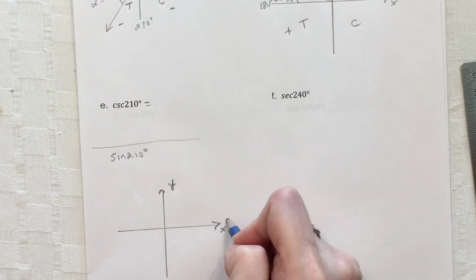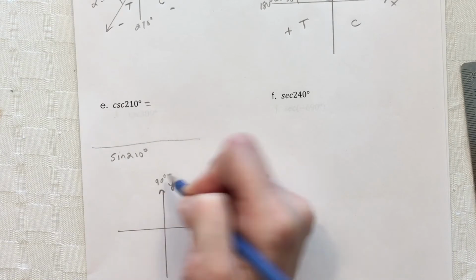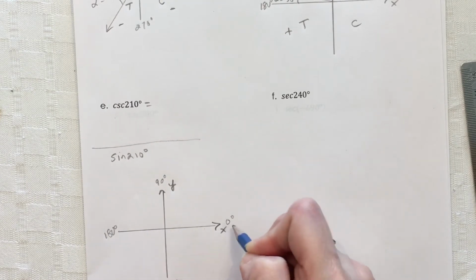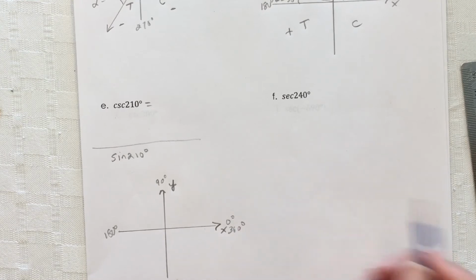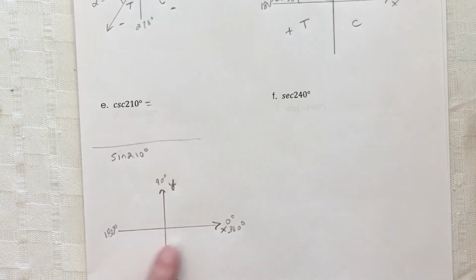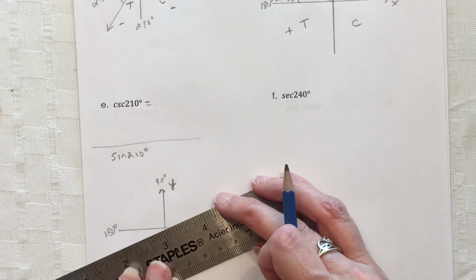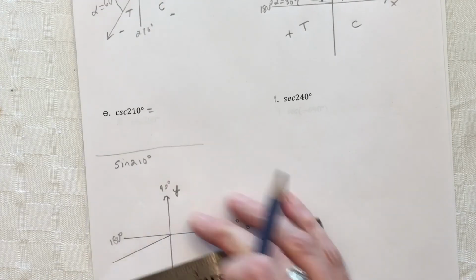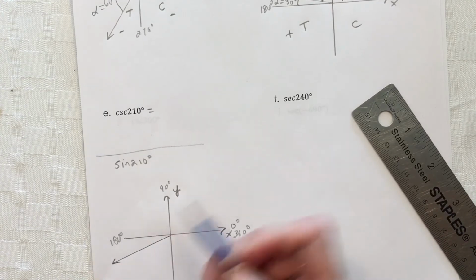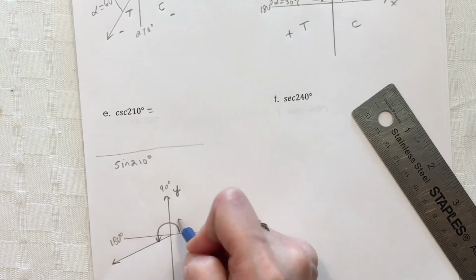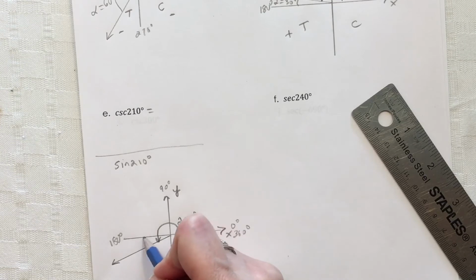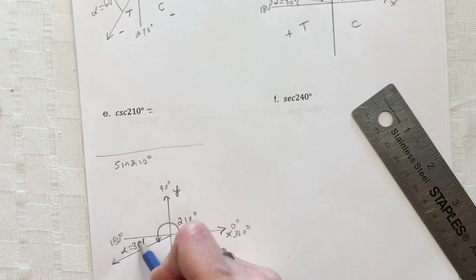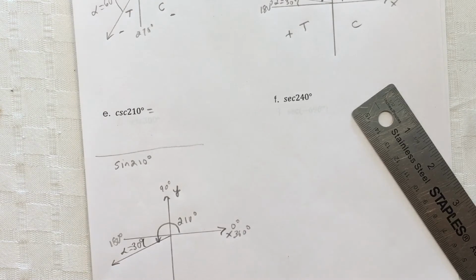So, and we know this is 0, 90, 180, 270, and 360. So 210 is in the third quadrant closer to the x-axis. So here's 210 degrees, and alpha is going to be 210 minus 180, which is 30 degrees.